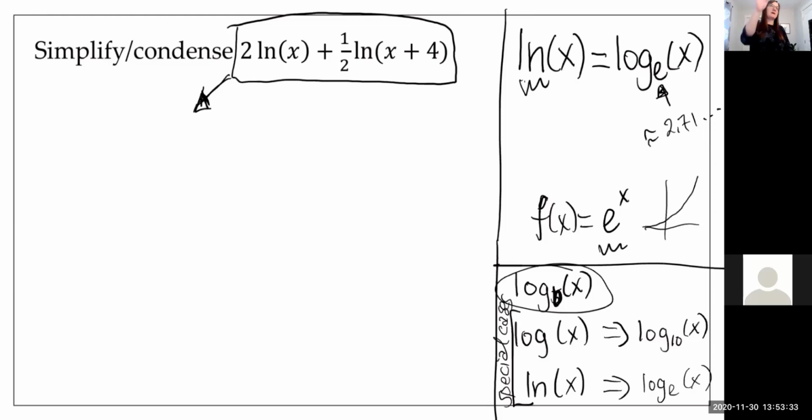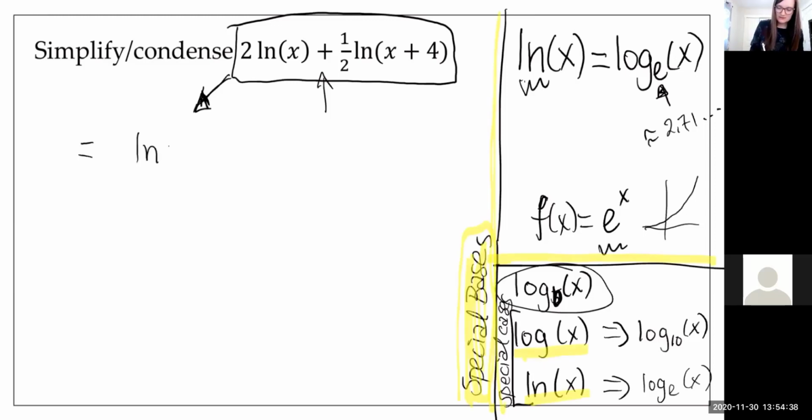That 2 is going to come back as an exponent. Once you combine that, then you want to think of that overall addition as actually meaning a multiplication inside the ln. Okay, so that 2 becomes x squared, and that addition inside can't do anything, but that half can go back as an exponent.